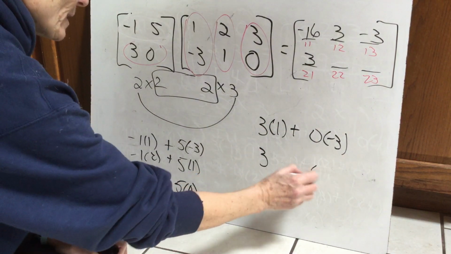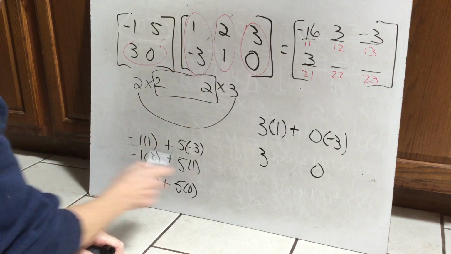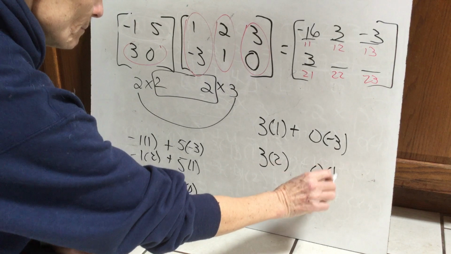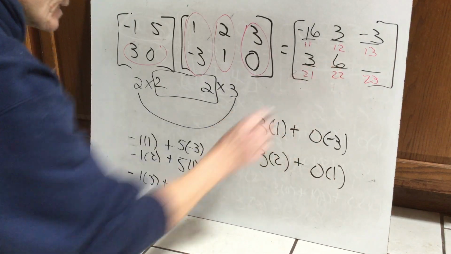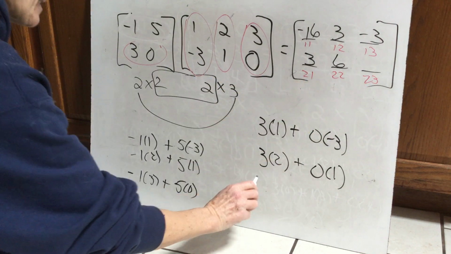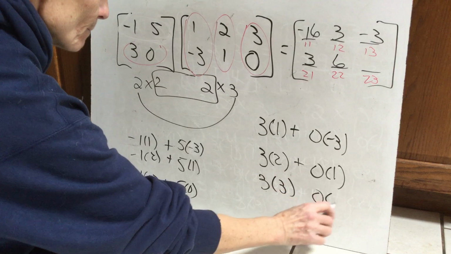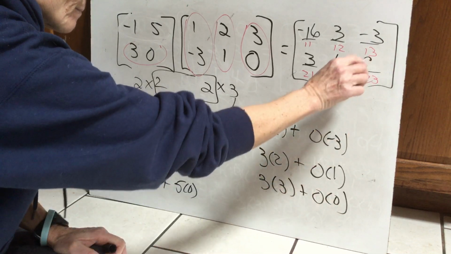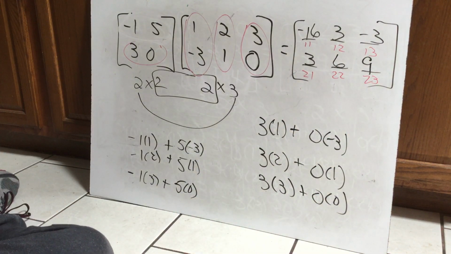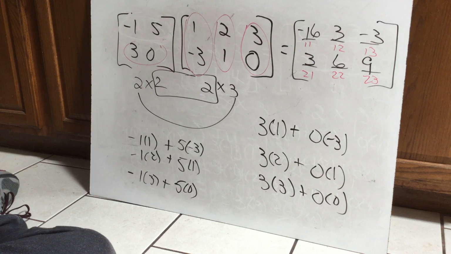And then I'll take my 3, 0 and multiply it times my second column, 2, 1. That's 6. And then finally, my second row times my third column. And there we go. That is the answer to F times G. And that takes care of matrix multiplication.